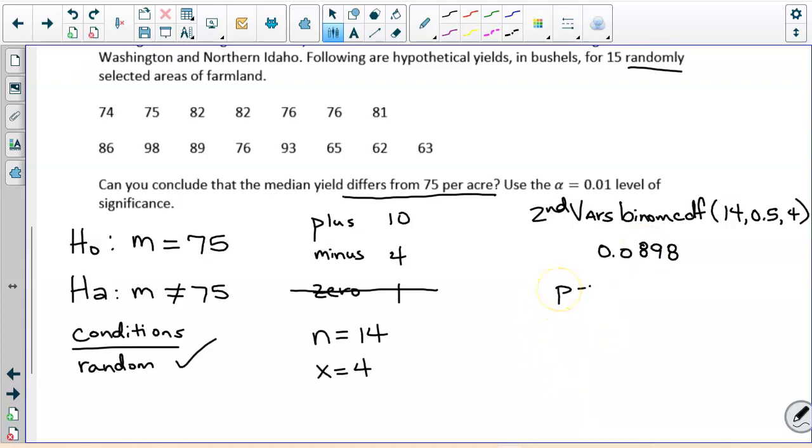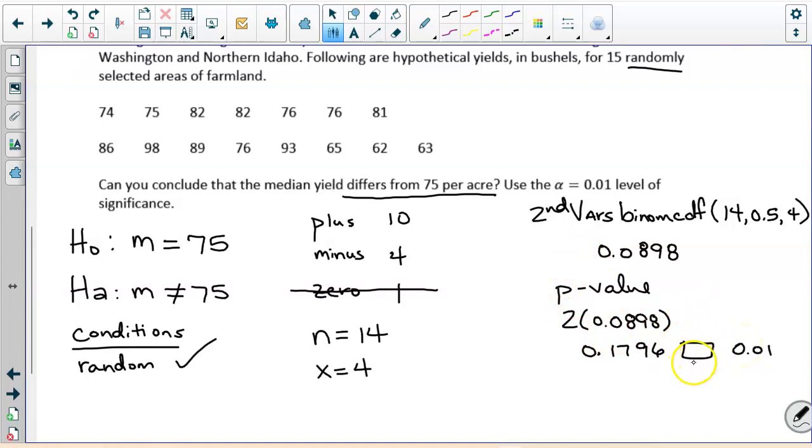No. So my p-value is actually 2 times that, which is 0.1796. Because it's a two-tailed test, this number is only one of the tails, so I have to multiply by 2, okay? So now I'm going to compare that to alpha, which is 0.01.